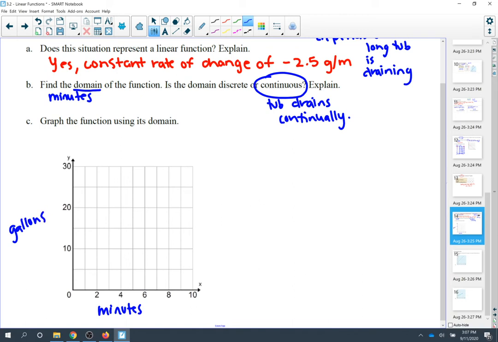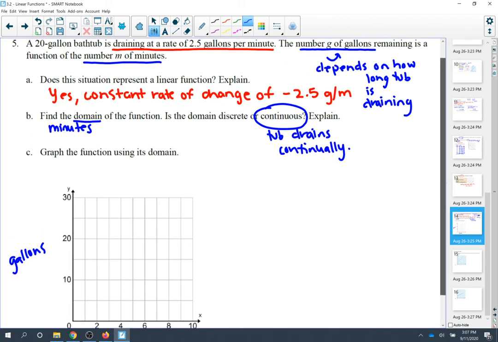The minutes are going to start at 0 minutes, then 1 minute, 2 minutes, 3 minutes, 4 minutes. But the question is, how many minutes is it going to take for the tub to drain completely? I'll ask that another way. If the tub is drained completely, how many gallons of water are in the tub? Well, that would be 0.